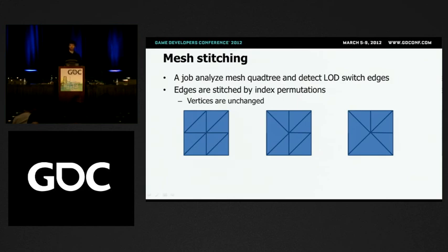The stitching permutation is just an index array permutation. We don't touch the actual vertex data. To limit the amount of permutations needed, we are enforcing maximum one LOD skip on an edge. So you can only have one triangle to one triangle or one triangle to two triangles.